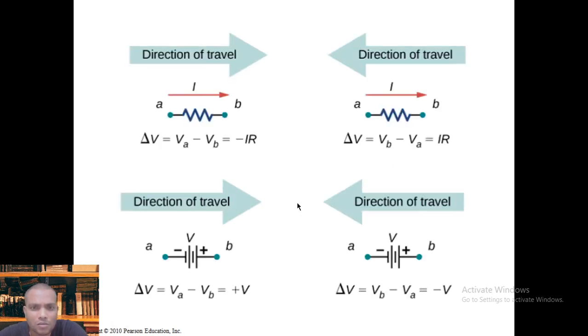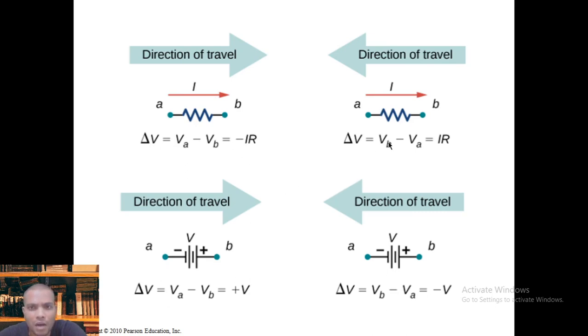To apply these rules, we need to follow certain sign conventions. When traveling in the loop, if our direction of travel and the current direction across the resistance are both in the same direction, we consider that product as negative, minus IR.